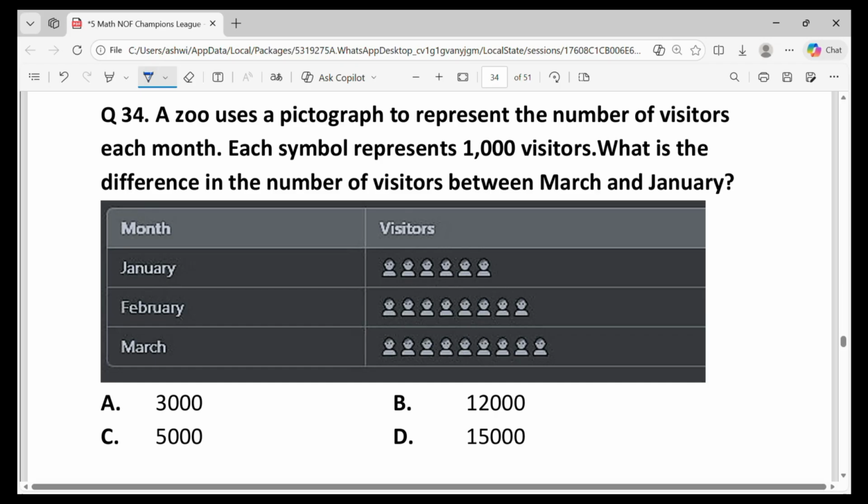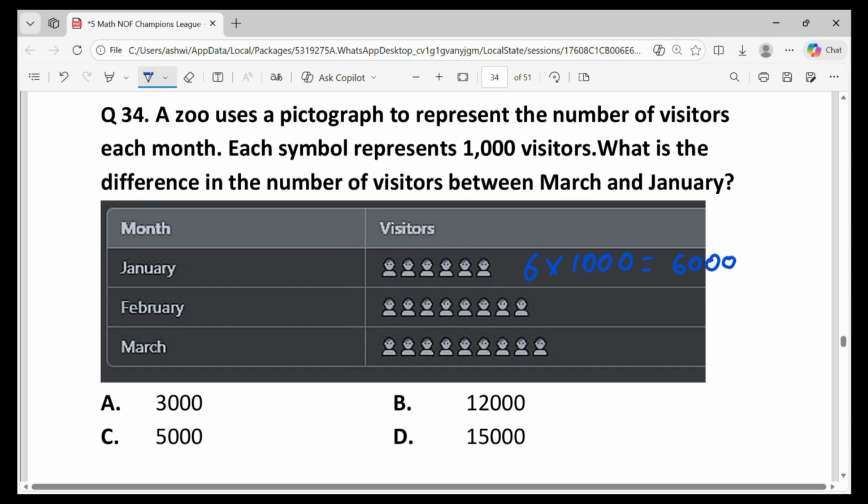Question 34. A zoo uses a pictograph to represent the number of visitors each month. Each symbol represents 1000 visitors. What is the difference in the number of visitors between March and January? So the number of visitors in January is 6 into 1000, that is equal to 6000.